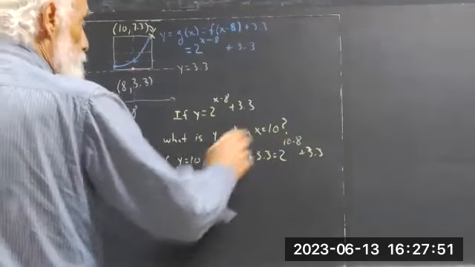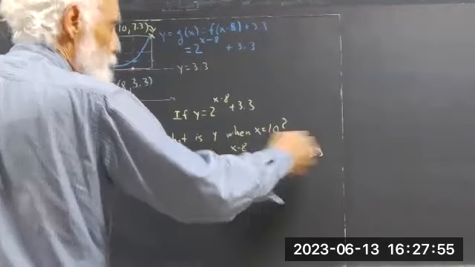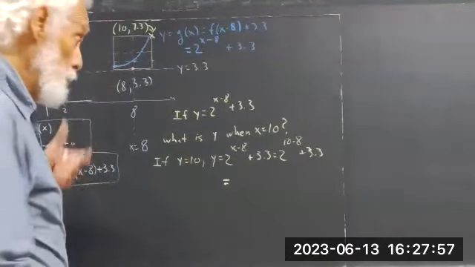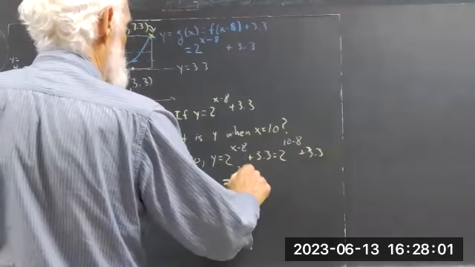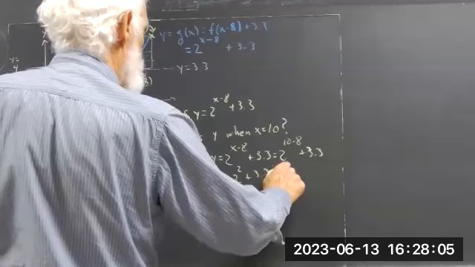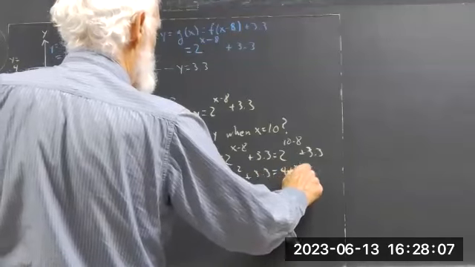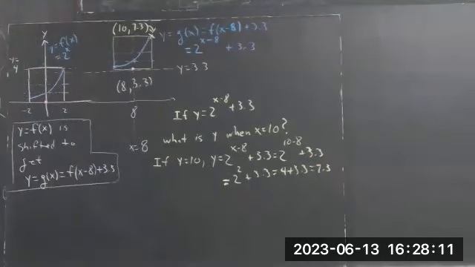Replace x by 10. Well, you can figure it out, work it out. What do you get? Well, 10 minus 8 is 2. It's 7.3.